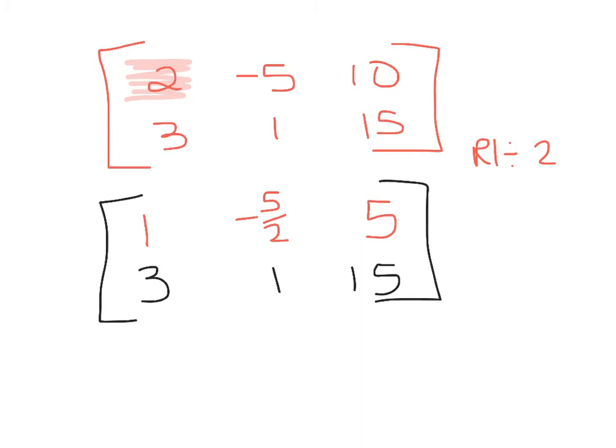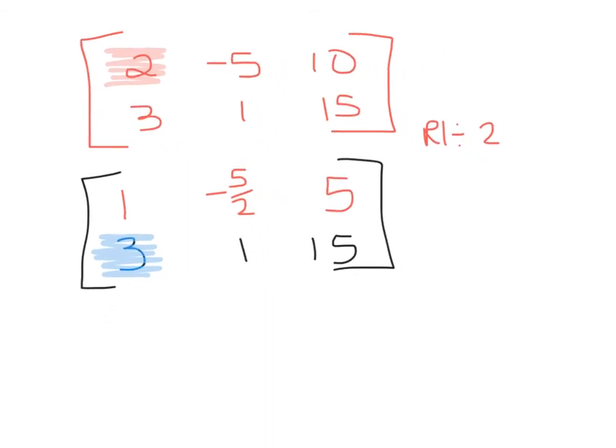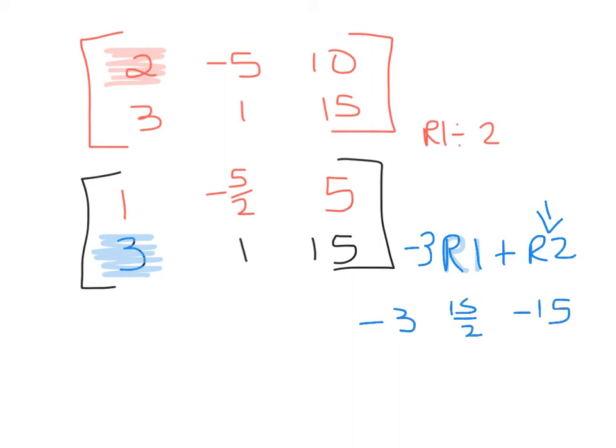And now I need to change the 3 into a 0. So I'm going to multiply row 1 times -3 and add it to row 2. So this will give me -3, 15 over 2, -15.